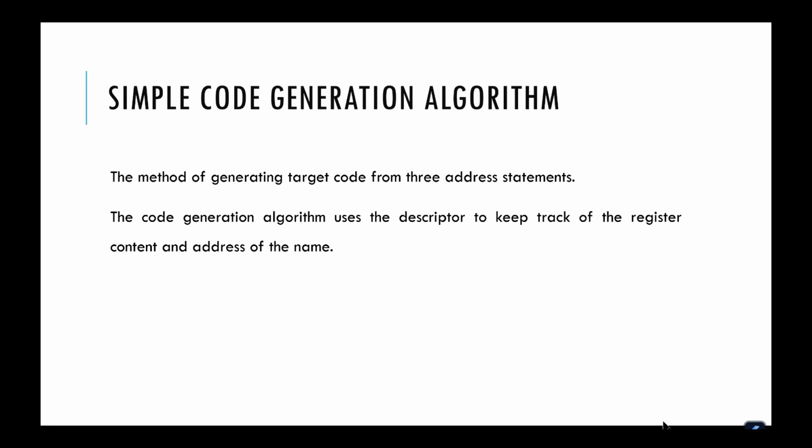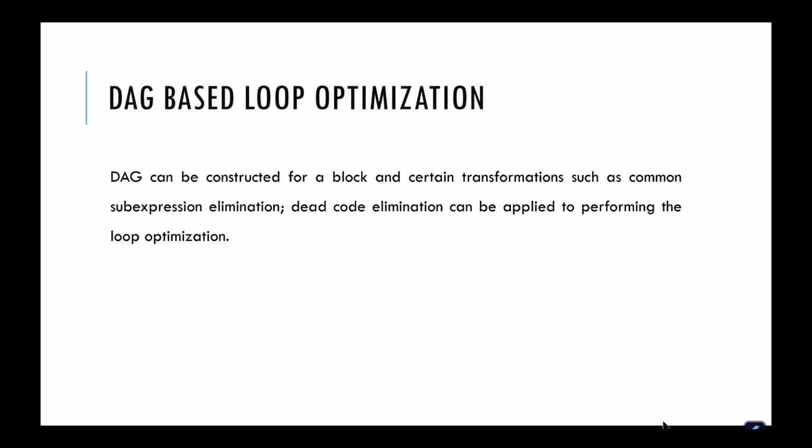Next, we have DAG based loop optimization. While constructing the DAG, the directed acyclic graph, based on the loop optimization, we are going to be constructing the DAG from a block, and certain transformations such as common sub-expressions will be eliminated in the block.